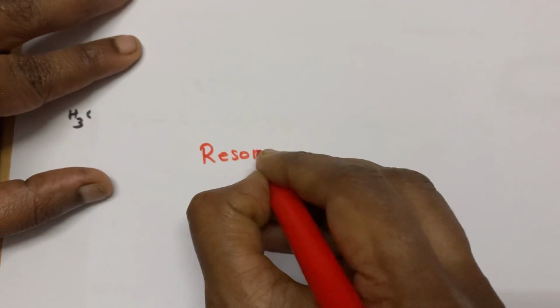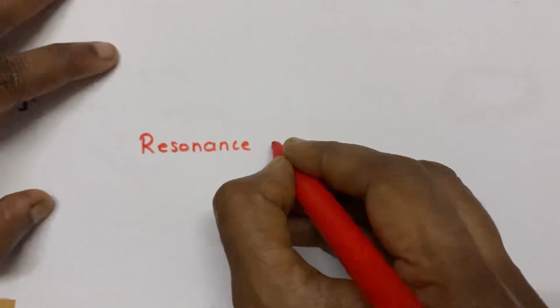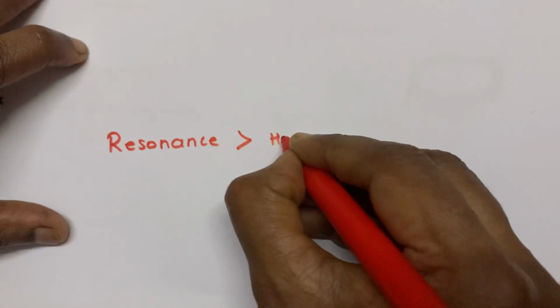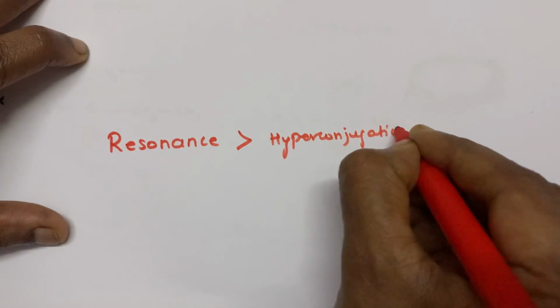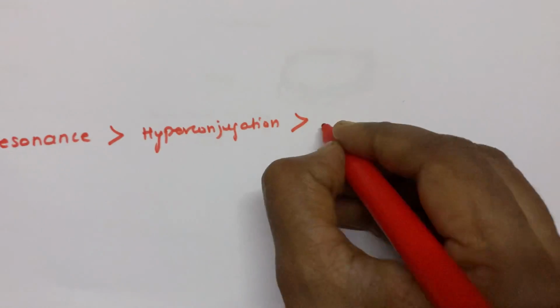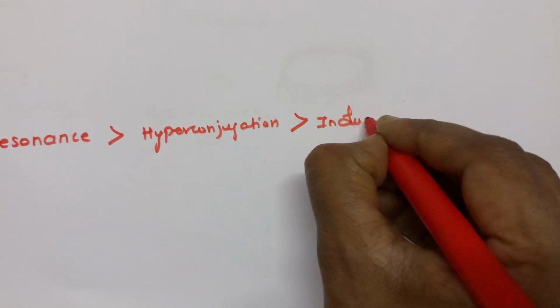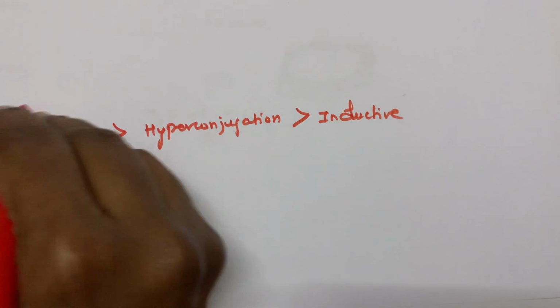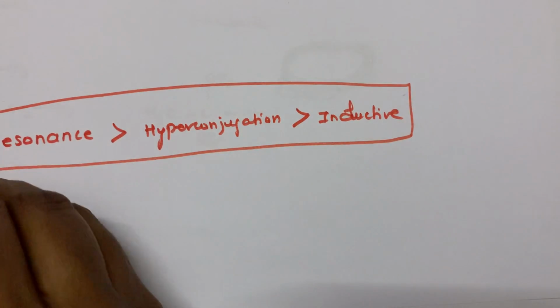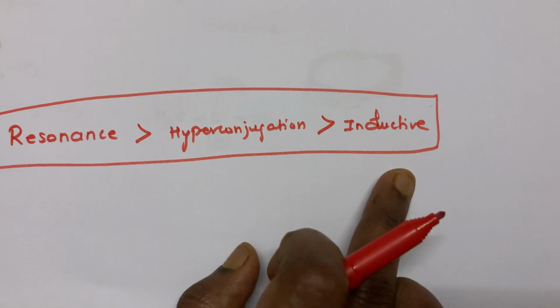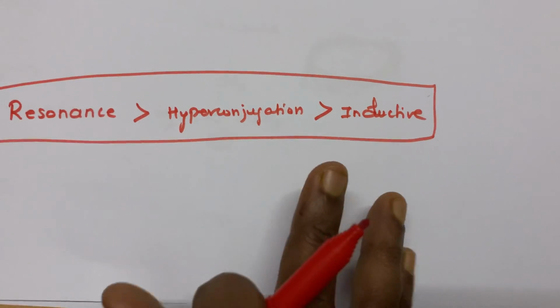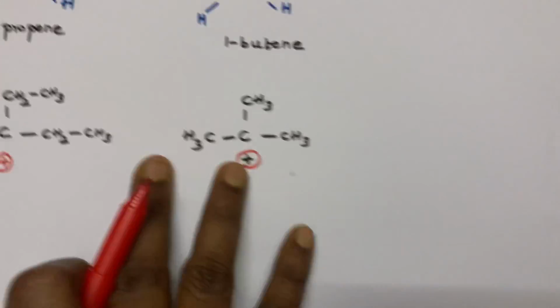While solving a problem, first give importance to resonance, then hyperconjugation, and then your inductive effect. Please remember this. The resonance effect is more dominating than hyperconjugation, and hyperconjugation in turn is more dominating than the inductive effect.